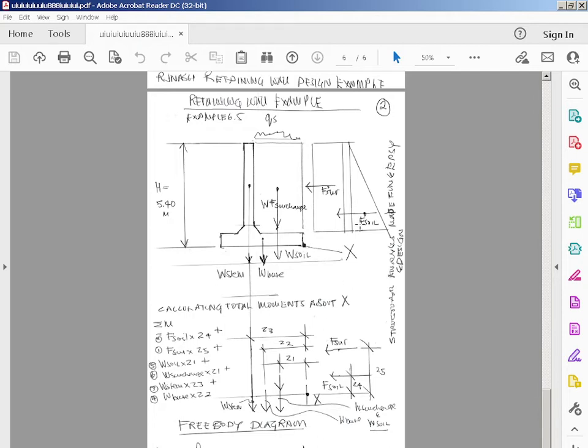about X. So it's F soil times the lever arm plus F surcharge times the lever arm, then weight of the stem times the lever arm, all from point X, which is here, plus the weight of the base times the lever arm, plus the weight of the soil centre of gravity, plus the weight of the surcharge centre of gravity.